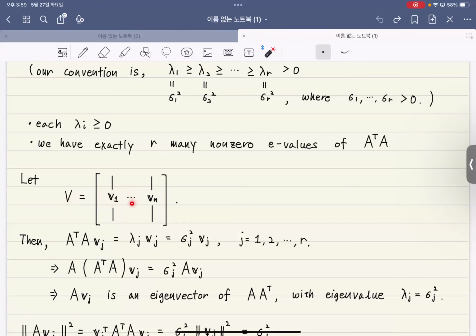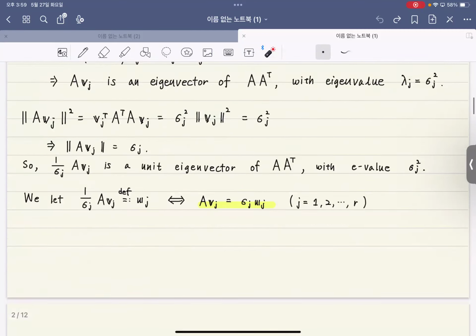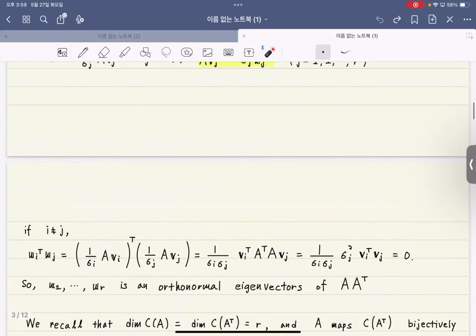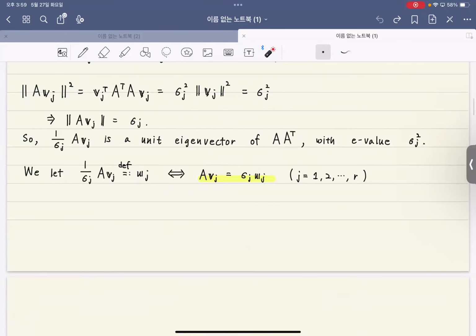These vectors from V1 to VR are not only a basis, but an orthonormal basis of the row space. And their images under the linear transformation A are an orthogonal basis for the column space.